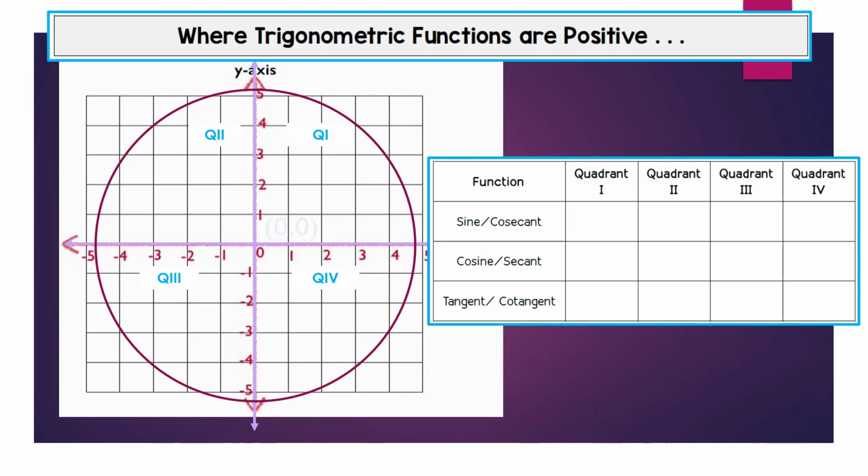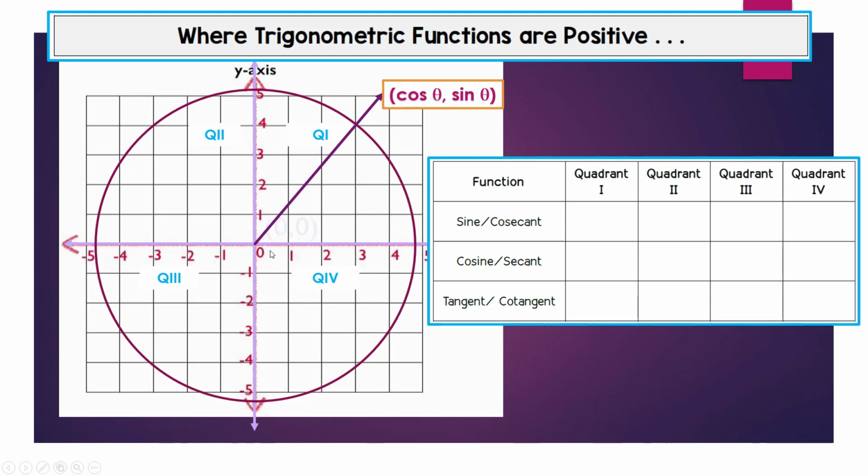Here's another one of those things that I want to talk about, and that is the signs of the different functions in the different quadrants. Again, we go back to the fact that on the unit circle, we can think of coordinates as cosine theta, sine theta.